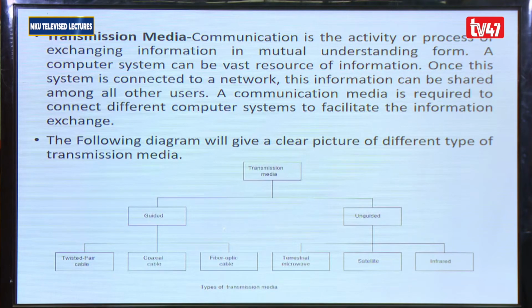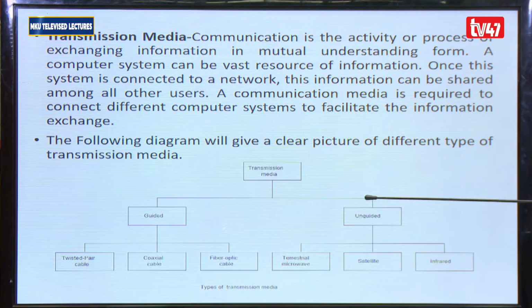We have a diagram here that shows how transmission media are usually grouped. At the top, you can see we have the transmission media, and they fall into two categories: guided or unguided. For guided, there is a physical link between the sender and the receiver.